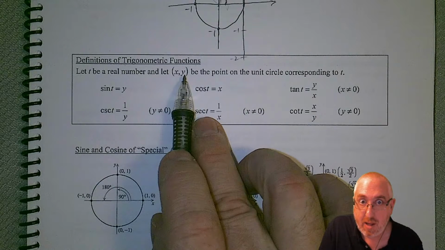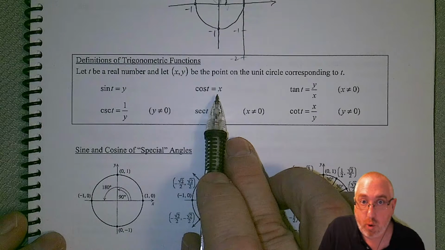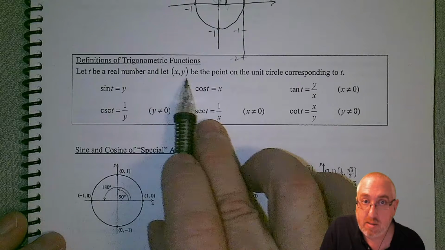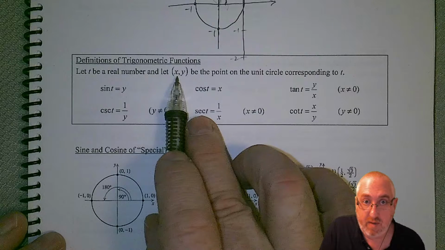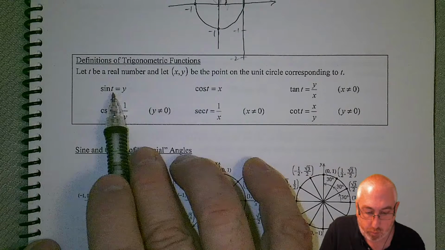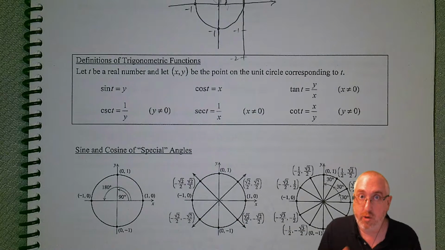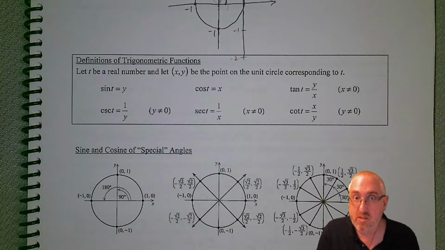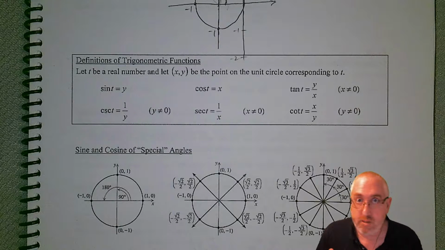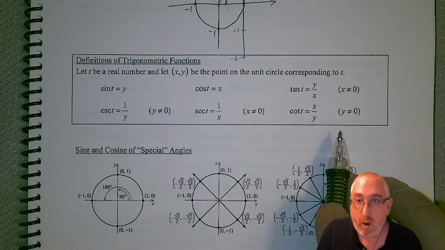Nice, right? The cosine of the angle is going to be x. So just the first value in your ordered pair. So those two are really nice for any angle defined on a unit circle. It's just x is the cosine, y is the sine. Cut and dry.